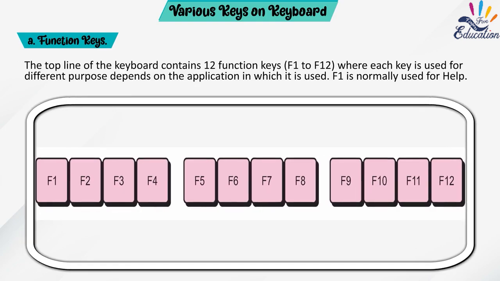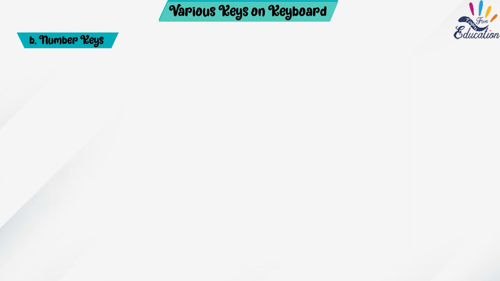The top line of the keyboard contains 12 function keys, F1 to F12, where each key is used for different purpose depending on the application in which it is used. F1 is normally used for help.